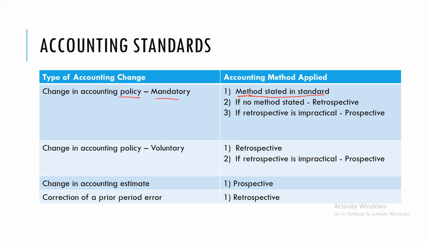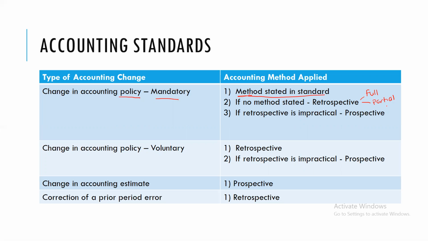If there is no method stated, then for accounting policy changes, you're going to use retrospective with full restatement. So if you can, you have to do full restatement. If you can't, then you would do partial, and you would have to disclose why you're not going all the way back.